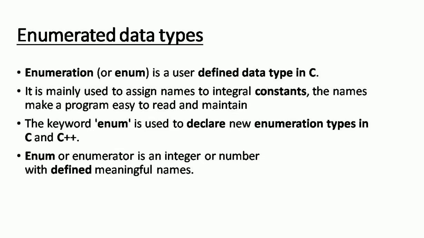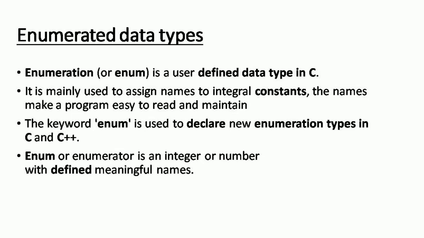The names make a program easy to read and maintain. The keyword enum is used to declare new enumeration types in C and C++. Enum or enumeration is an integer or number with defined meaningful names.